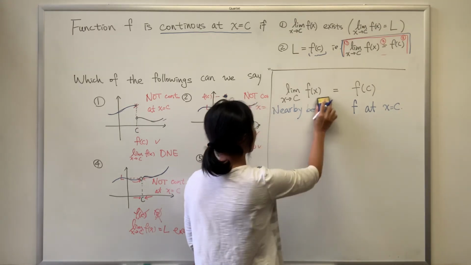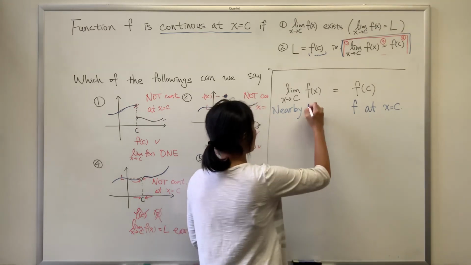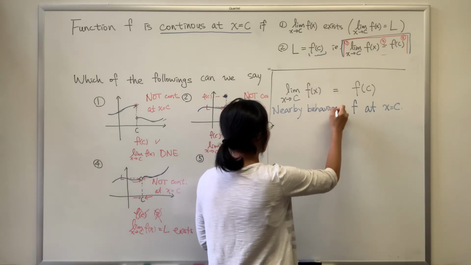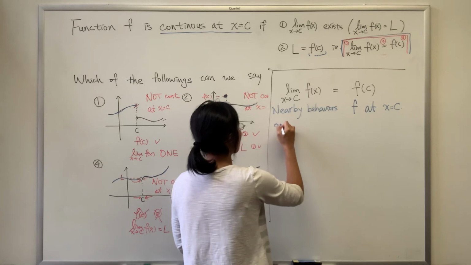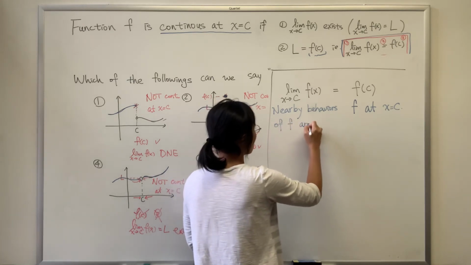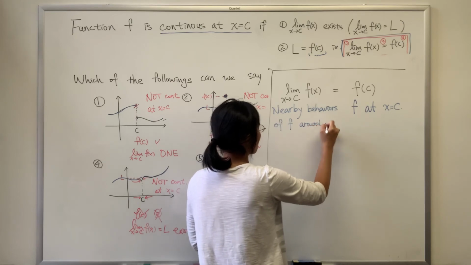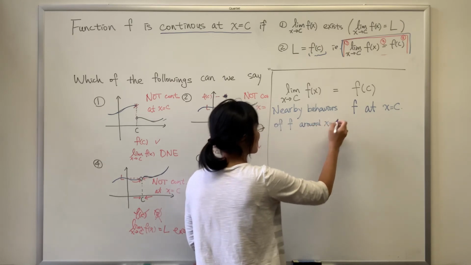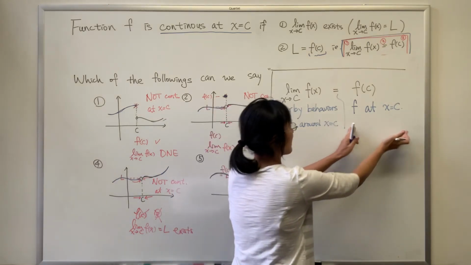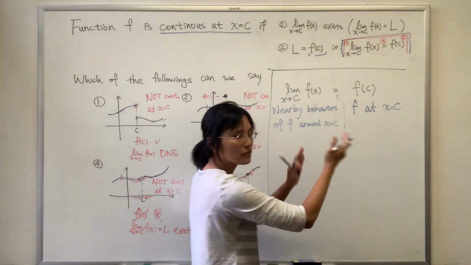Apparently I cannot spell. Let me do it again. Behavior, nearby behaviors of f around c. You see, the left-hand side and the right-hand side, they're talking about two different things.